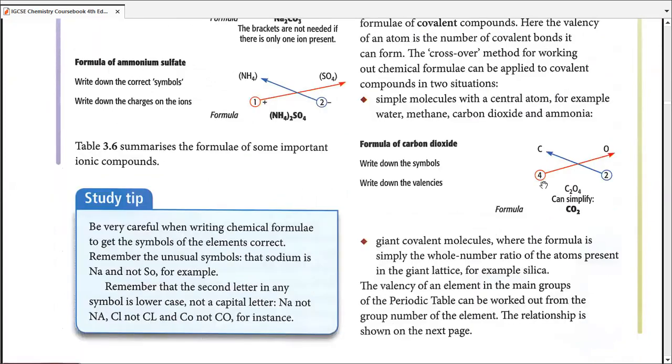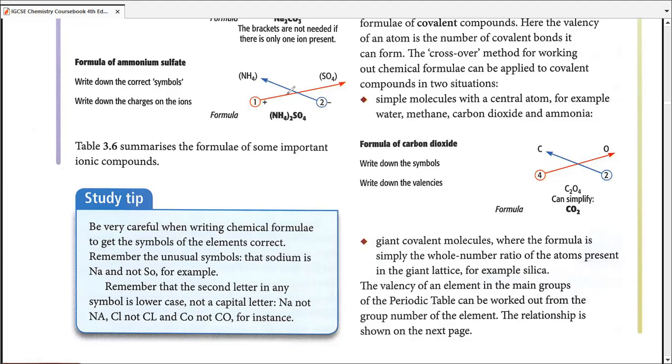In case of covalent compounds, as you would notice, as he has written over here, we simply use numbers without the negative or positive charges. That's because we're talking about combining capacity in terms of sharing of electrons. Electrons are neither gained nor lost. So take a look at the example of carbon and oxygen.